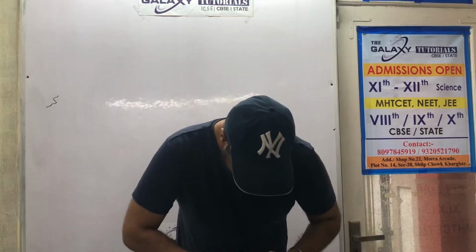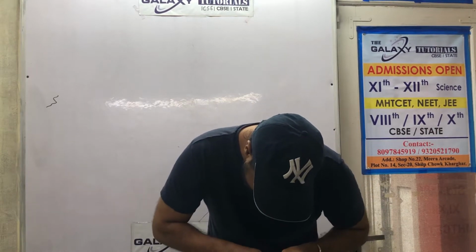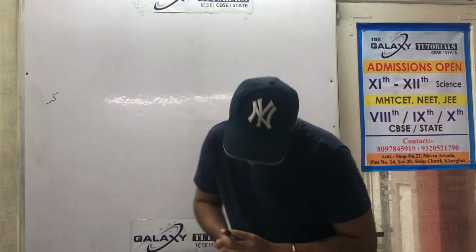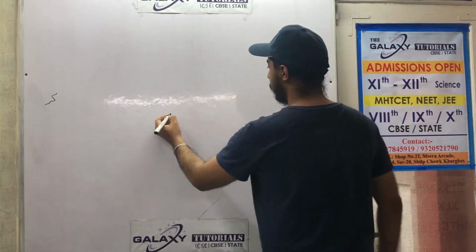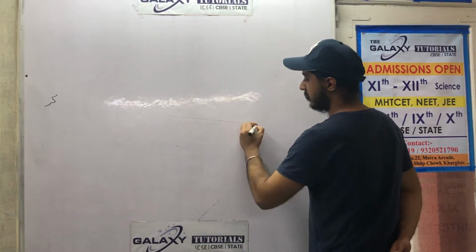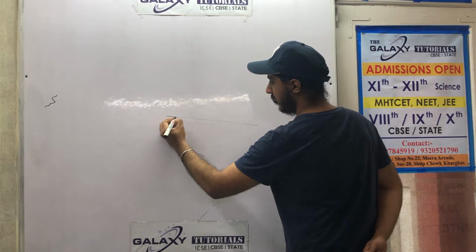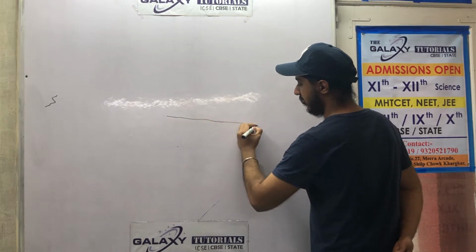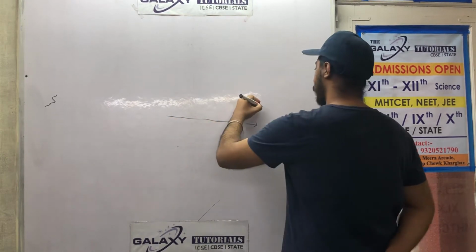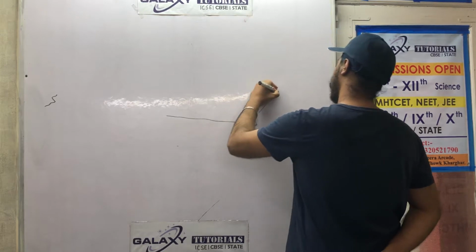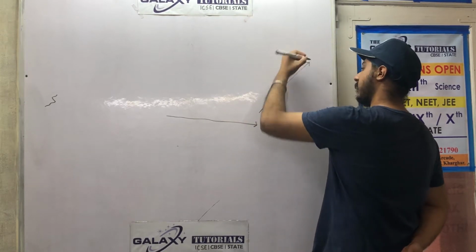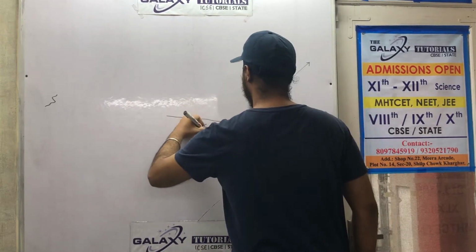So what does the triangle law state? First we will see that. The triangle law states that when two vectors, I will assume one vector is like this, and one vector is like this. This is 5 unit, this is 6 unit.